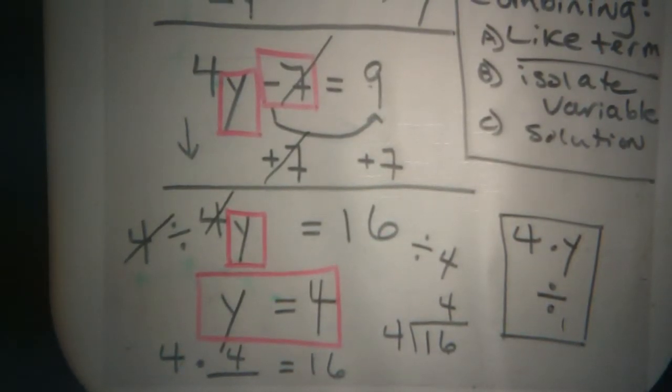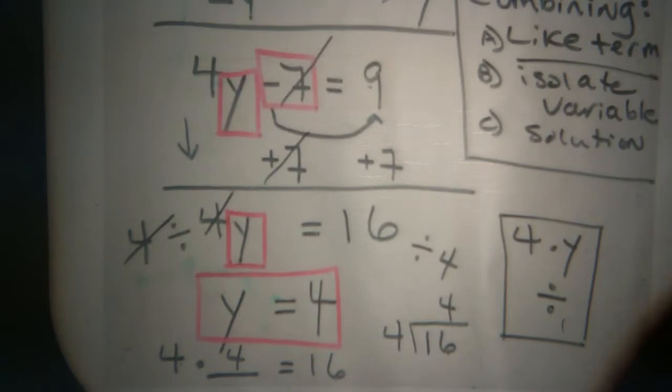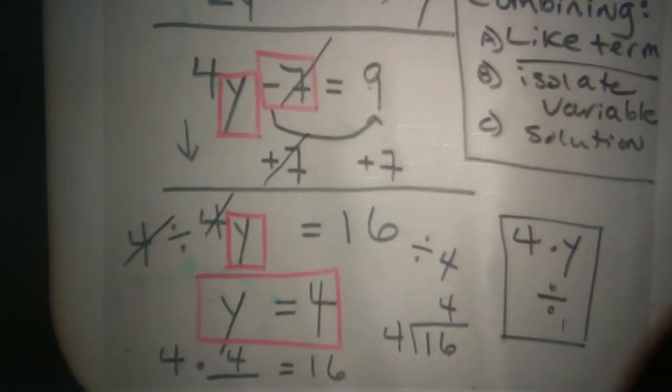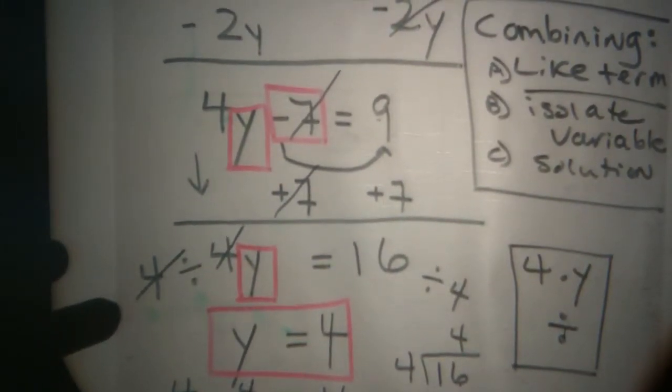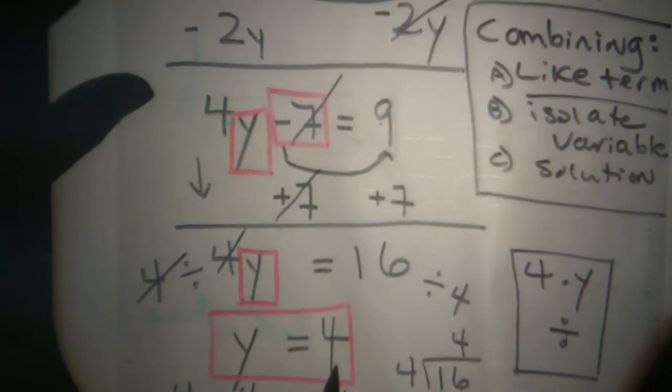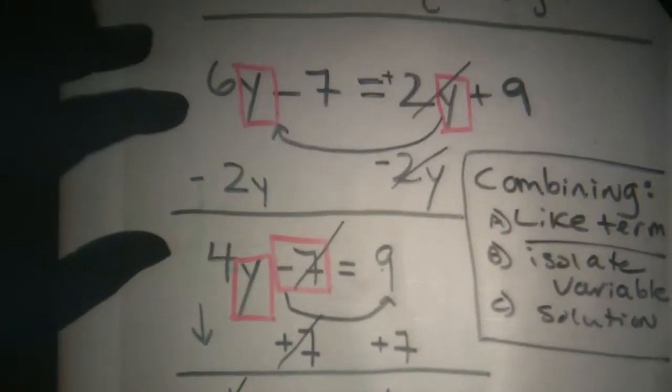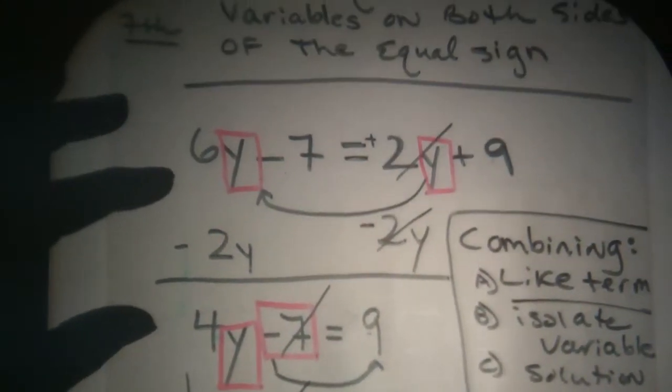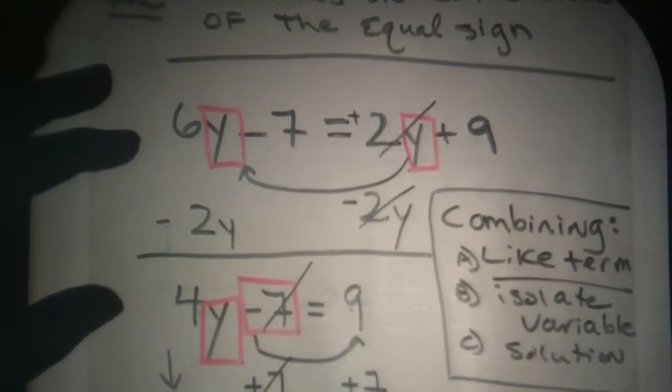Well, not really. I need to do a double check. Let's insert our solution. Now at this point we said y equals 4. Let's insert the 4 into our original equation and see if it actually is a true solution.